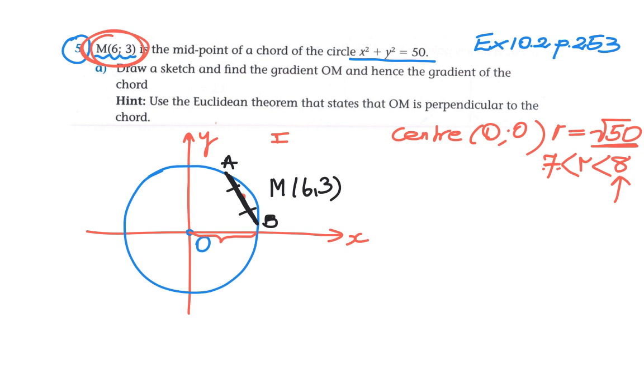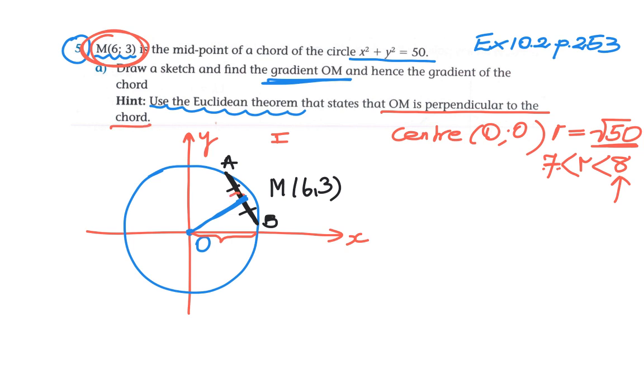They are asking us to find the gradient of OM, from O to the point M, and they give us a hint. They say use the Euclidean theorem that states that OM is perpendicular to the chord.